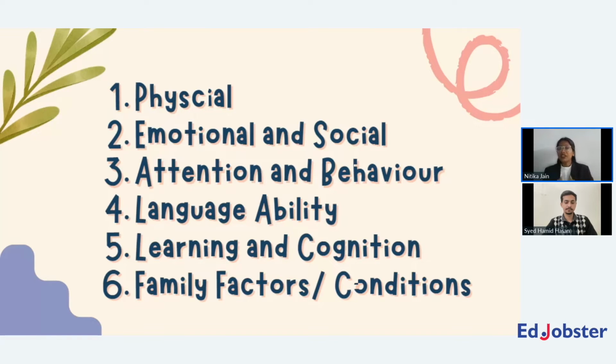So now let's think of our own individual classrooms or the school that we are in. It comes to the physical attributes first of all. In classes, we all face children with different skills. Physical has two categories primarily, which are gross motor skills and fine motor skills.